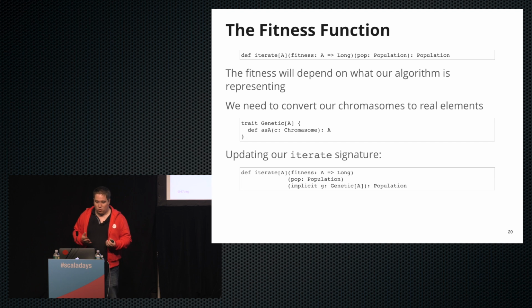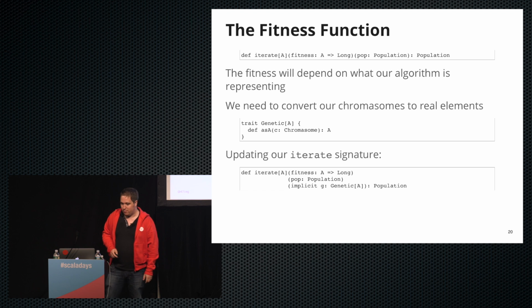But what we need to do first is convert these chromosomes into real things. If we're looking at, I don't know, some DNA sequence for some reason, this one, for what we're trying to inspect, is better than that one. So we need to actually look at the binary encoding and convert that to what we need, and that's going to make things a little bit easier to work with.